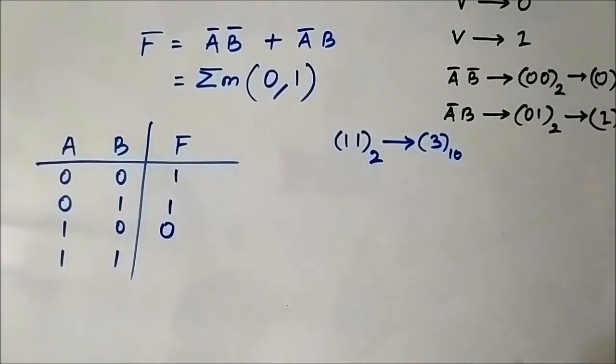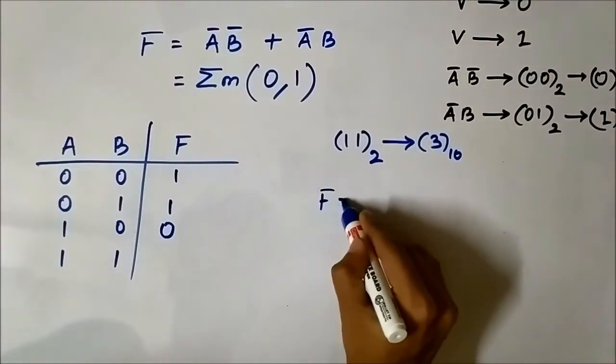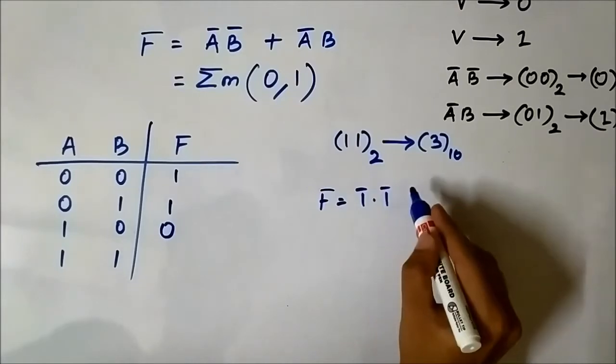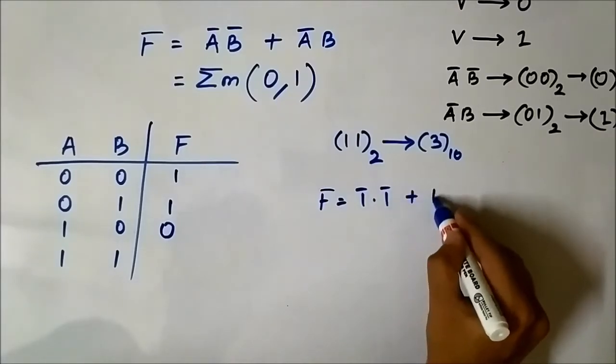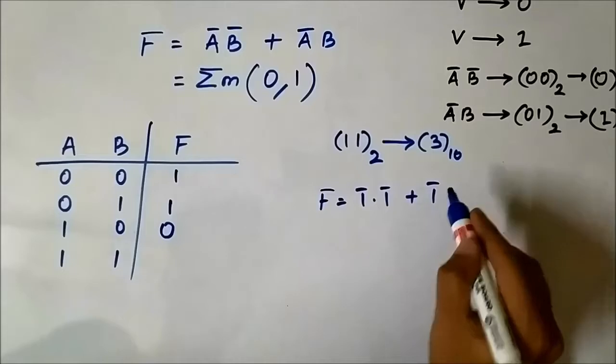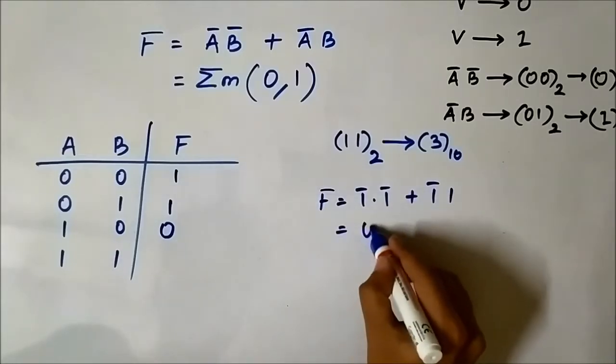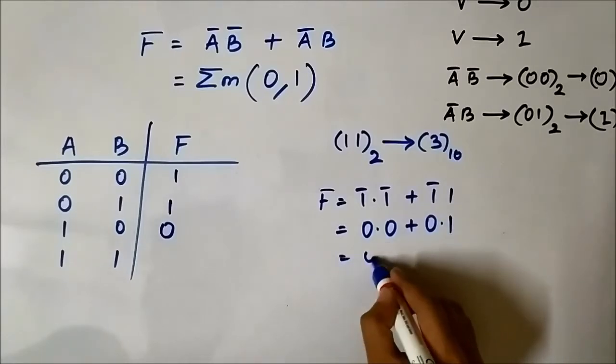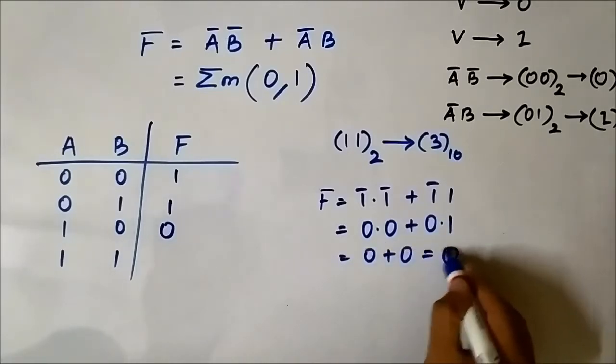Okay, so let us put it. A complement, B complement, 1 complement into 1 complement plus 1 complement 1, that is B. So it is 0 into 0 plus 0 1, which is 0 plus 0 again, which is 0.